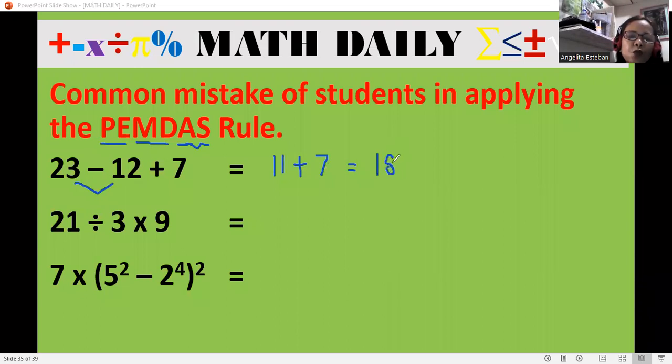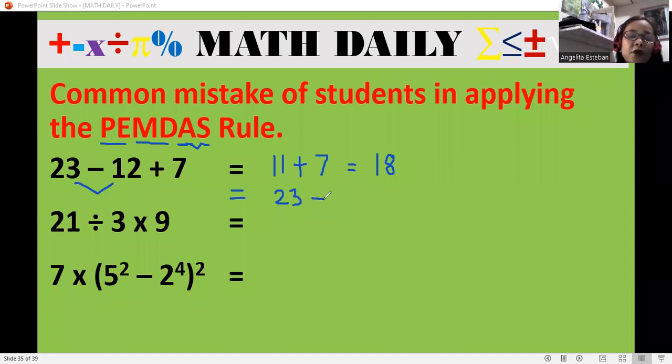Now, if you want to do the addition first, make sure that you are taking the negative here, or the minus, as the symbol for the 12, making it a negative 12 plus 7. So that if you are going to answer, that becomes 23, and then the negative 12 plus 7 is equivalent to negative 5.